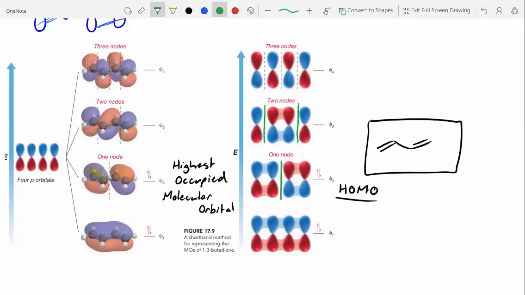And as you guys can see, in this one, the internal two carbons, right here, I guess that's a little bit hard to see, right here and right here, now they're overlapping. That kind of gets to the point where I was making, where I was saying that internal carbon-carbon bond right here actually has a little bit of pi bond character, right? Because those orbitals can overlap if they're in the right phase. So in this case, this is your lowest unoccupied molecular orbital.